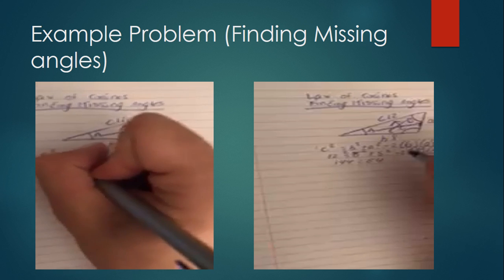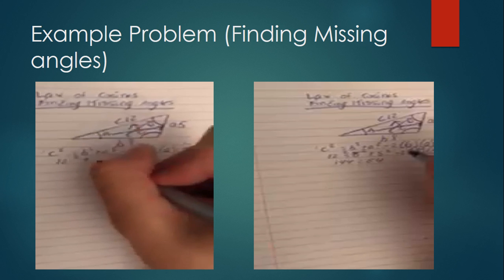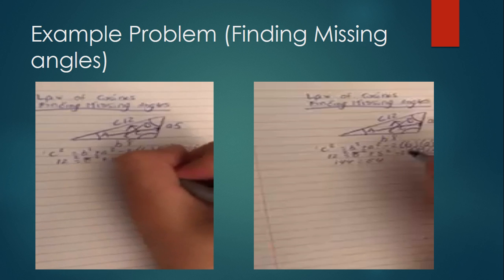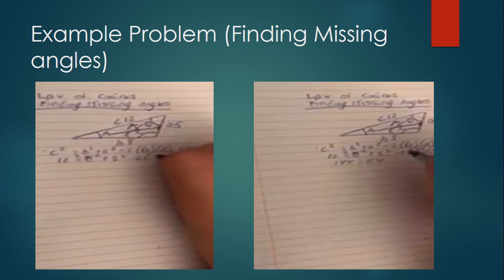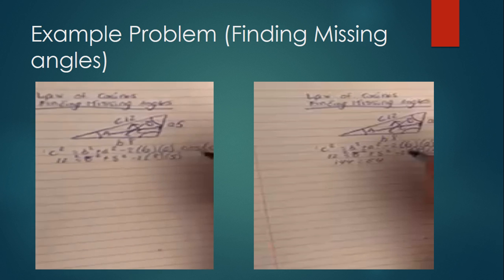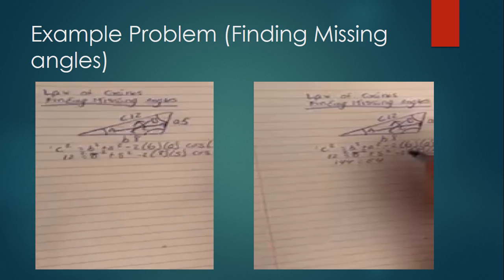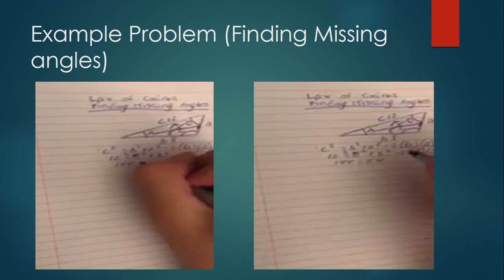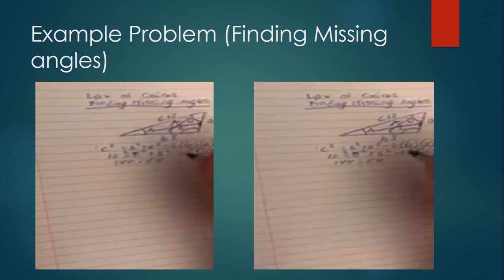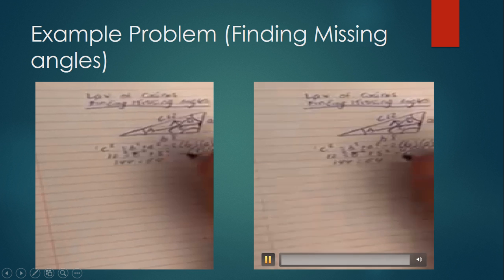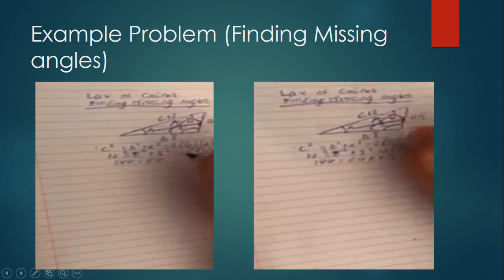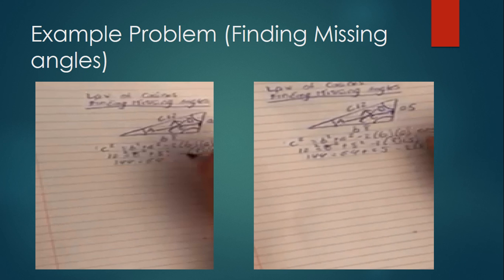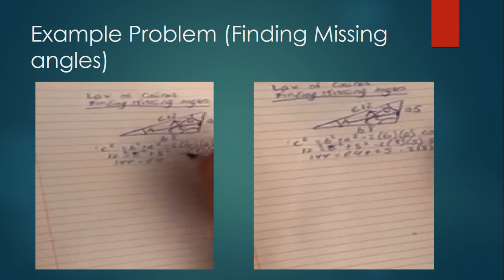So 12 squared is equal to 8 squared plus 5 squared minus 2 times 8 times 5 cosine C. Now you basically just keep on solving. So 144 is equal to 64 plus 25 minus 2 times 8 times 5 cosine C.